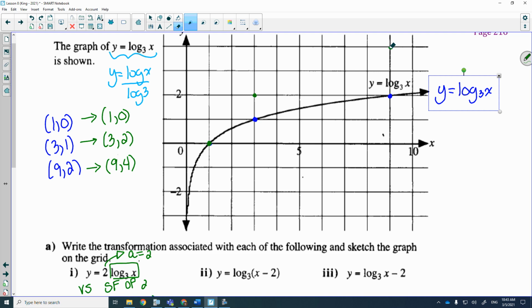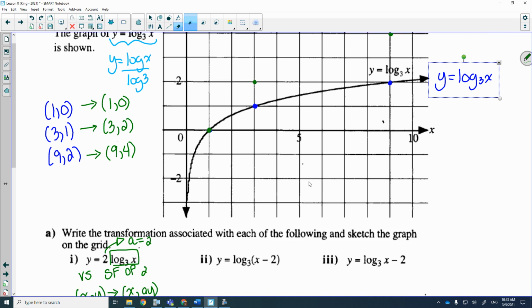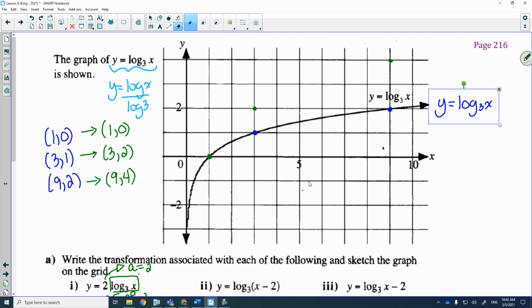It's ideal if you have different colors. So I'm going to be doing this in green. If you don't have different colors, you'll do like a blue pen and then you'll just highlight it. And if you have different highlighters, you could do that. So now connecting these points with a nice smooth curve, it would look something like that.